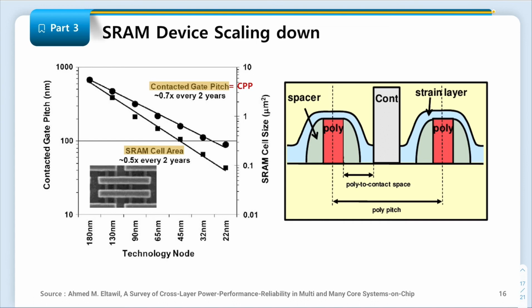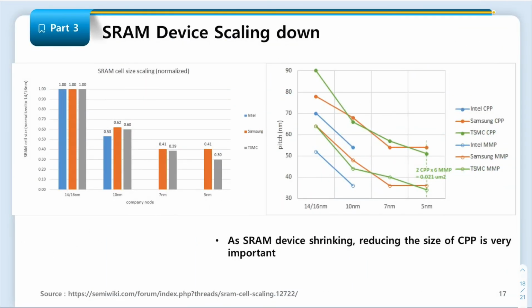So we have to make not only a small gate length, but we really have to consider the sidewall spacer size and contact size. I mean the CPP value as the device scales down. This kind of graph helps us better understand the newest node technology.